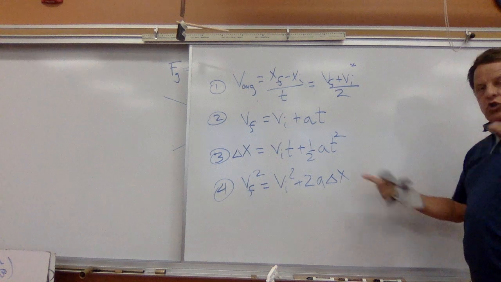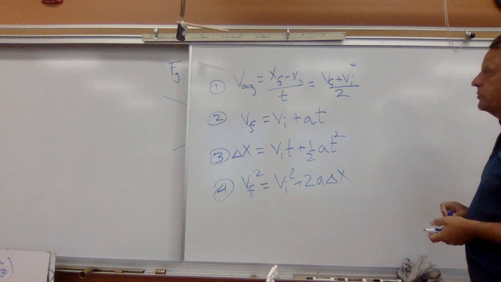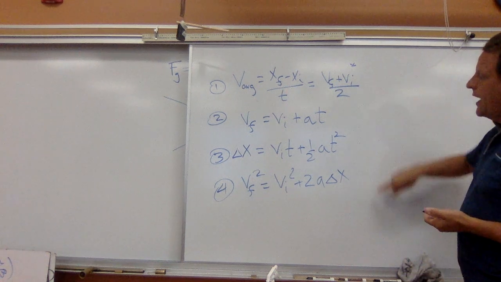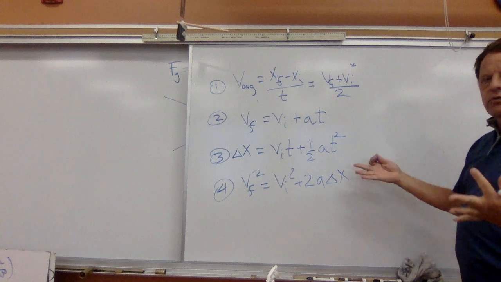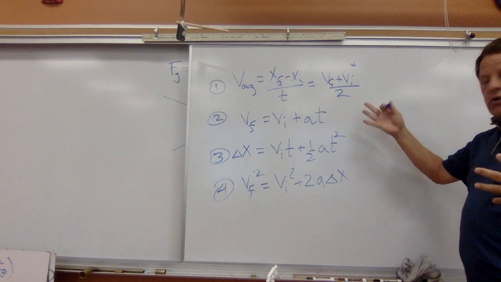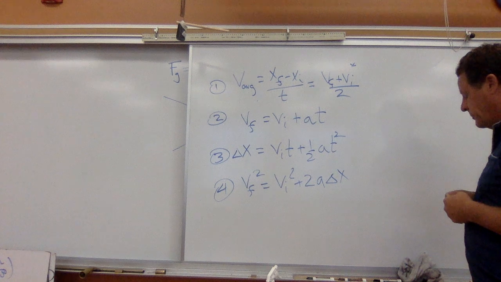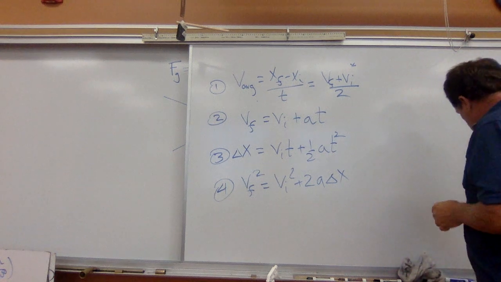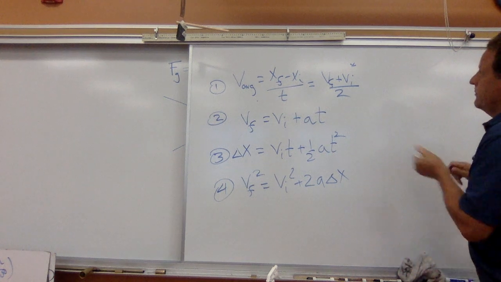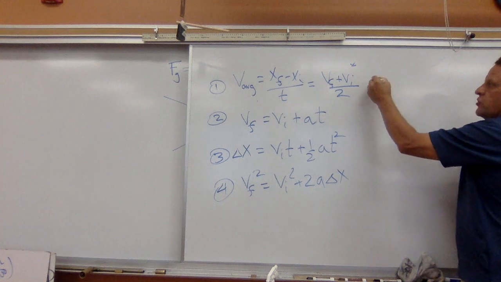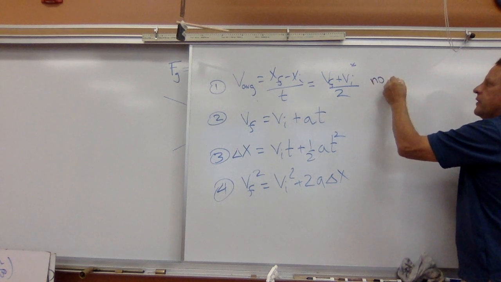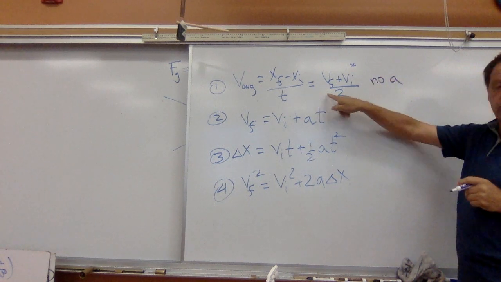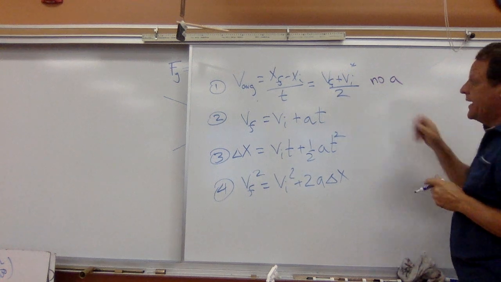Now, just like these, you can change them around algebraically. So why would we have these four? It kind of just makes it a little bit easier to see all of these things. But when you're doing these problems, in this first equation, there is no variable for a. Even though this can be accelerating, there's no a in there.